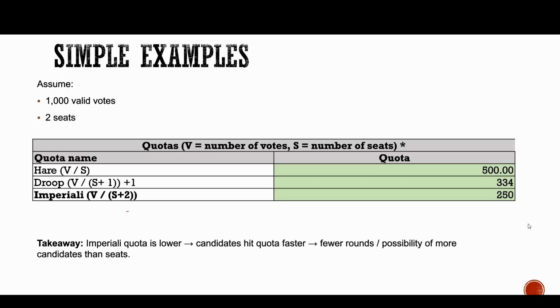For Droop, you'd have to hit 334 votes, and for Imperiali it's 250. So the Imperiali quota is lower. Candidates hit the quota faster, there are fewer rounds, and there's the possibility of more candidates than seats. So there is a chance that more candidates will hit that quota, and then you'd have to look at who got the highest number of votes. Does that make sense so far?